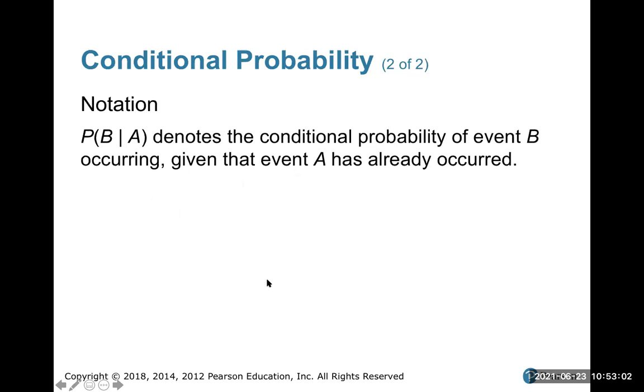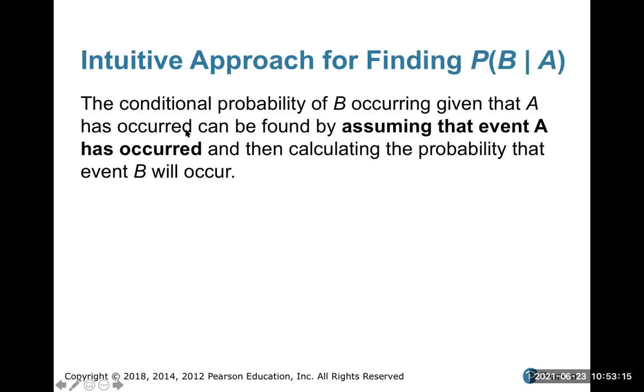That's why, when we said we go only to test negatives, we assumed that they said only test negatives. So this reads as probability of B given A happened. So the conditional probability of B occurring given A occurred. That means assuming event A occurred, and then you calculate event B.